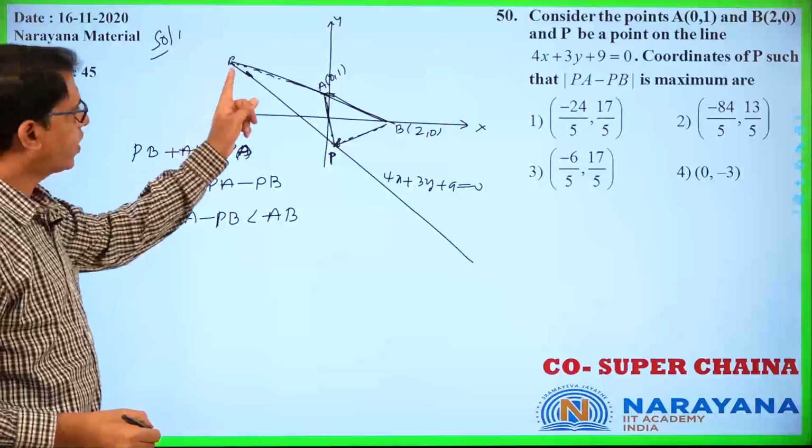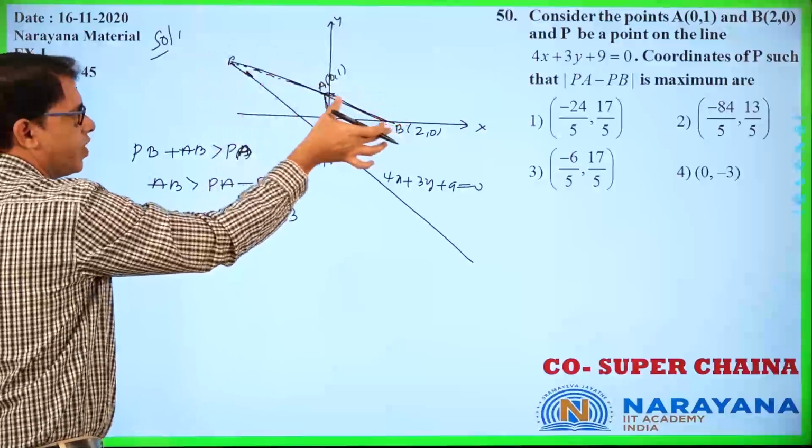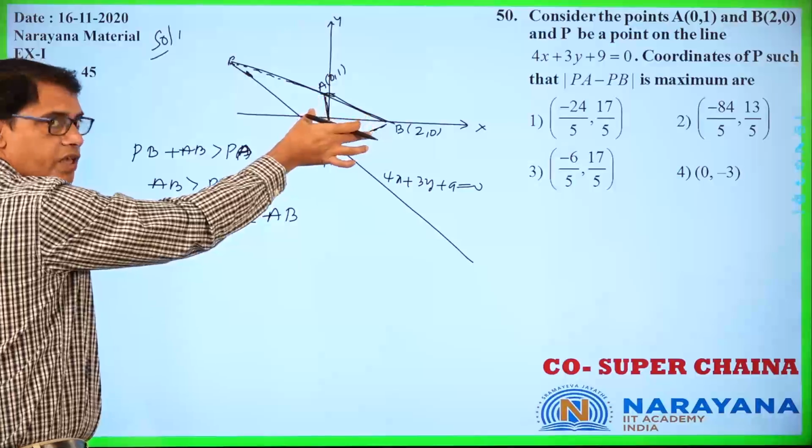what is the PA value from here, okay? So PA minus PB, what do we get? We get AB, okay?